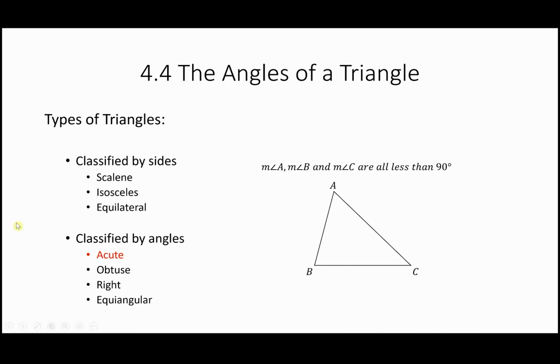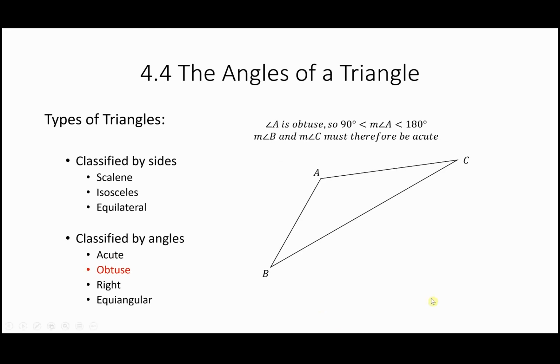That happens to be the case with all of the interior angles in an acute triangle. Notice that I have a representative figure here. Triangle ABC is acute because the measure of angle A, the measure of angle B, and the measure of angle C are all less than 90 degrees. So that's what makes it acute.